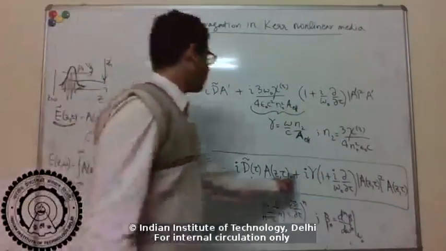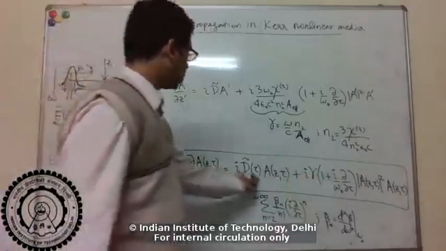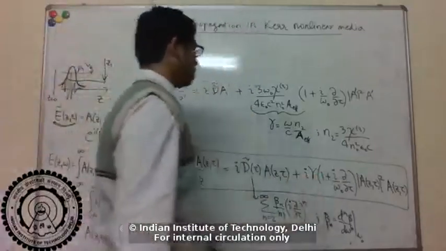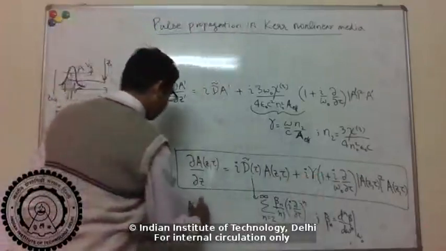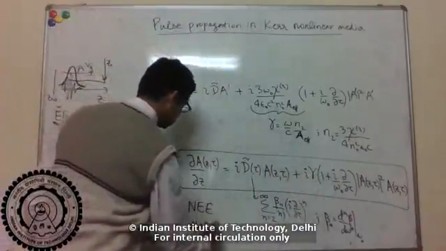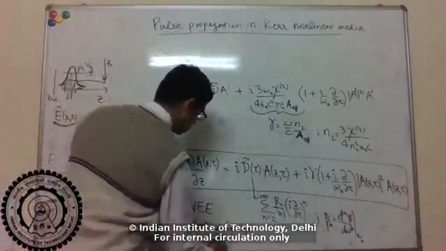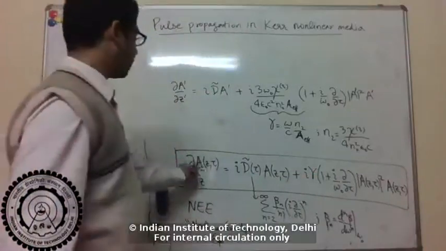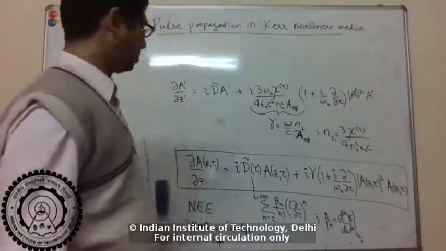Okay, so finally we get a relatively simple equation, at least when we write it like this. Of course, these operators can be complicated depending on how many orders of dispersion you want to take. So this is called the nonlinear envelope equation, and it basically tells you how the pulse envelope A changes on propagation through a nonlinear medium.